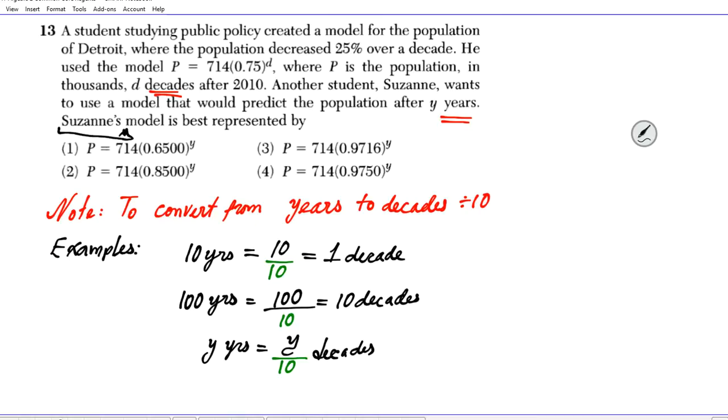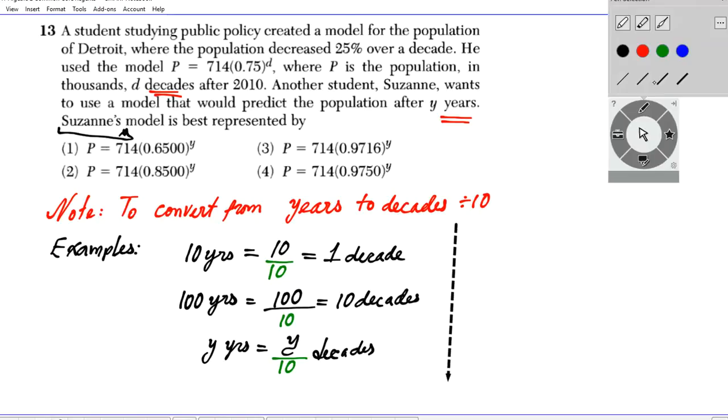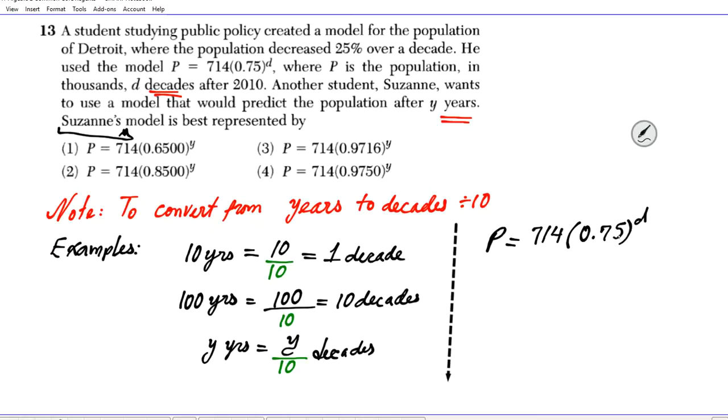We will start from the first model. The first model that was created is P equals 714 times 0.75 raised to the d power, where d is in decades.